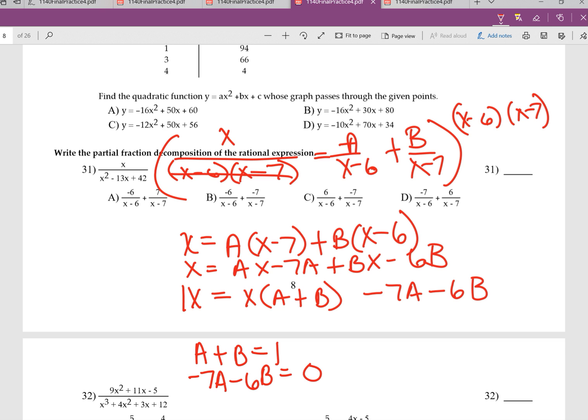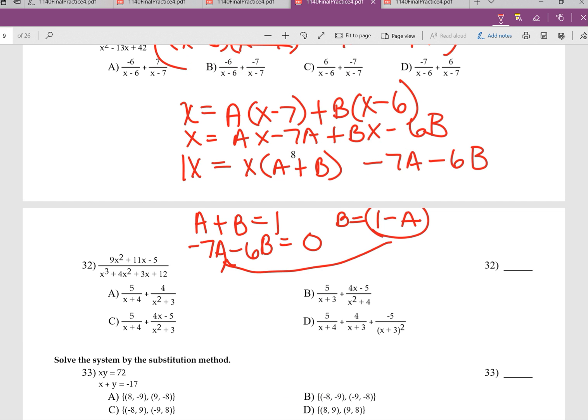And so I can use substitution if I solve for b in terms of a. I can say that b is equal to 1 minus a. And if I plug this in to here, I'm going to get negative 7 times 1 minus a minus, I'm sorry, reverse that. I wrote the wrong one. So you're going to leave that alone. So the 7a, you're going to actually plug that in here.